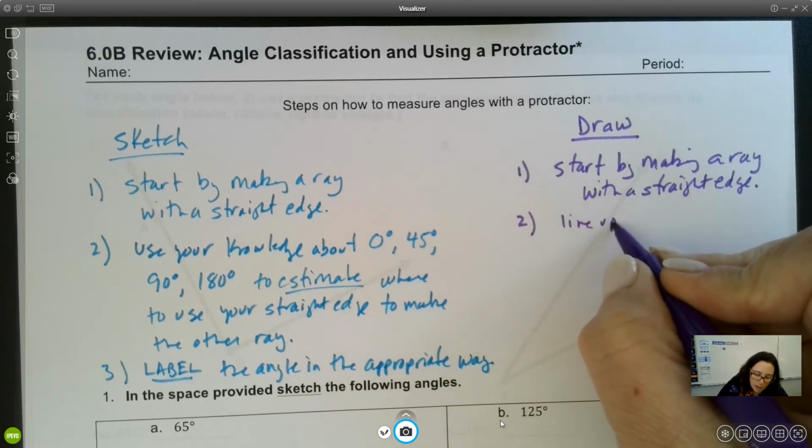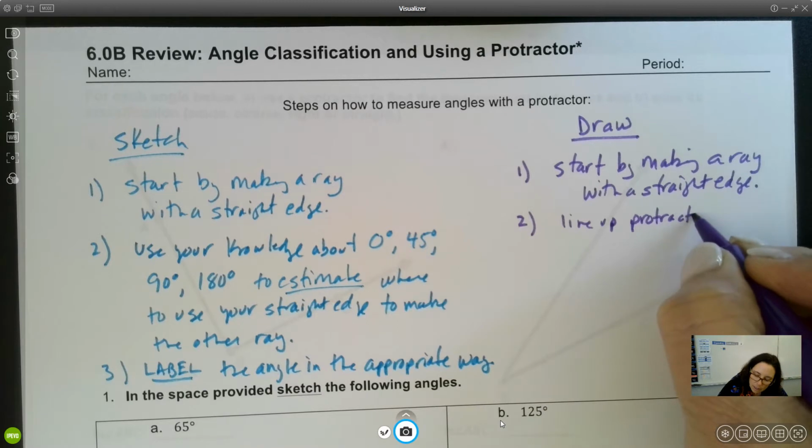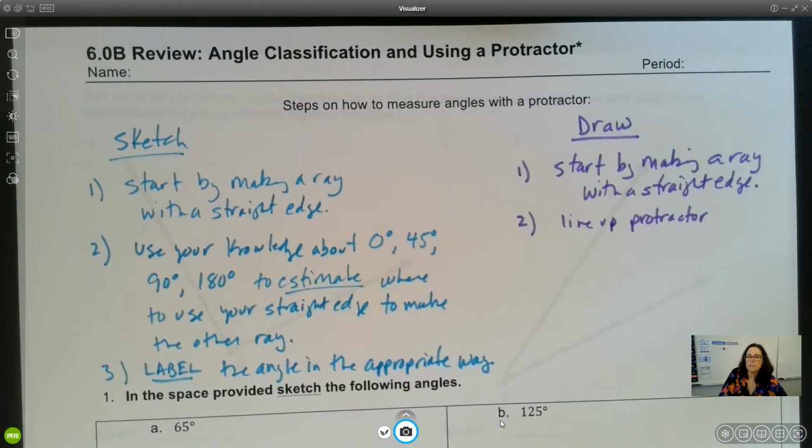line up protractor. So you definitely need a protractor. They're probably $1 at Staples or Walmart or Target. If you are unable to buy one for whatever reason, please reach out to your teacher and we'll get you one.